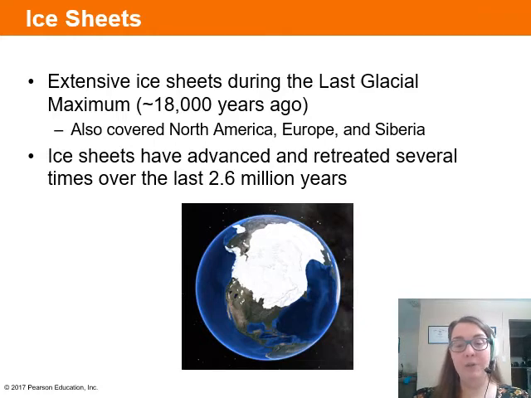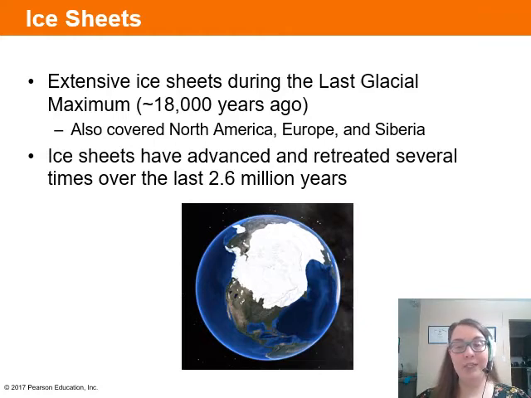And you should see that almost all of Canada and then a very good portion of northernmost United States is completely covered with ice sheets. So places like New York City were completely covered in ice only 18,000 years ago. But if we could switch to the other side of the planet, we would see that most of Europe and Siberia were also completely covered in ice.